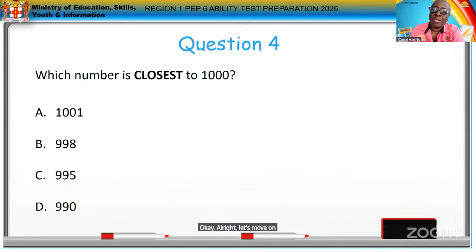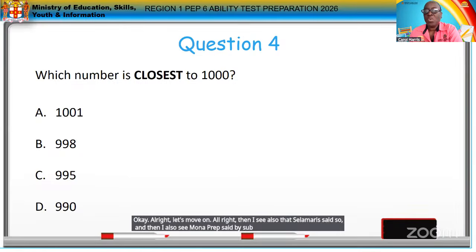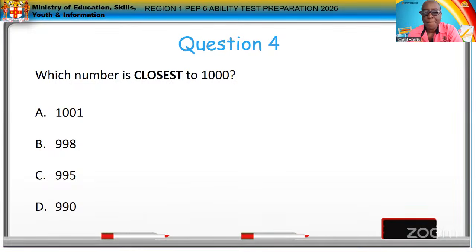All right, then. I also see that Selamar said so, and Mona Prep said by subtracting. When you're subtracting, Mona Prep, what are you trying to find? When I subtract, I'm trying to find what?